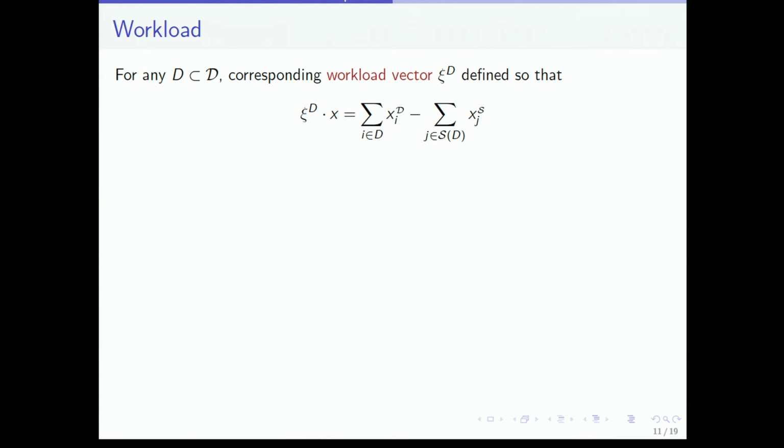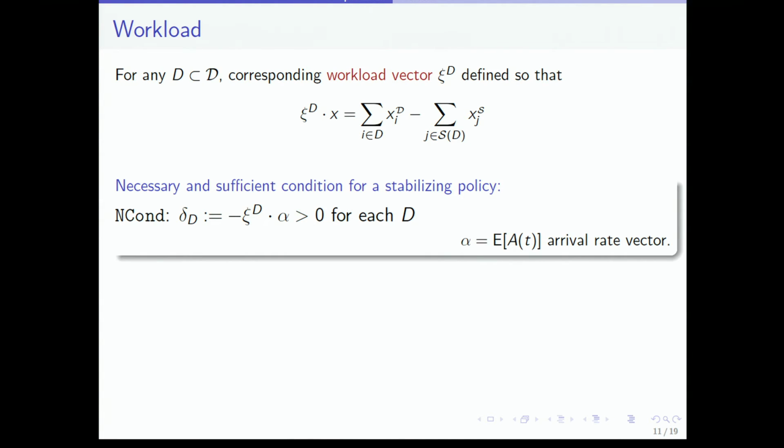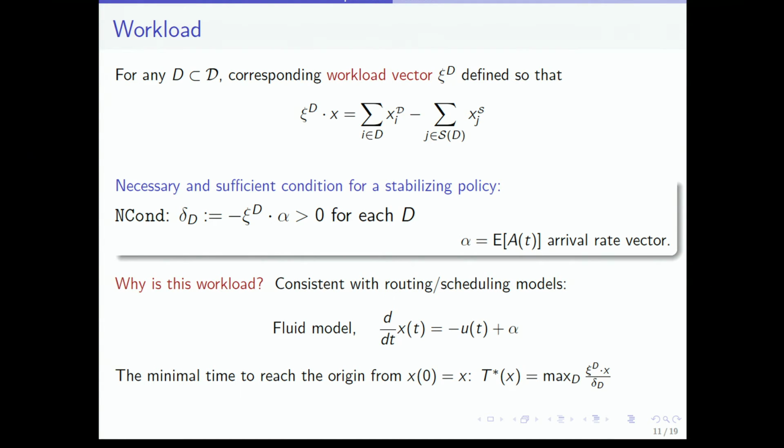Okay, let me just guide you through this. Usually you define the workload process as the amount of work needed to empty the system if you stop arrivals. So here, why this is non-trivial: if you stop arrivals and you do not have a perfect matching configuration, then nothing will ever happen. So it's actually just the new arrivals that help you empty the system.